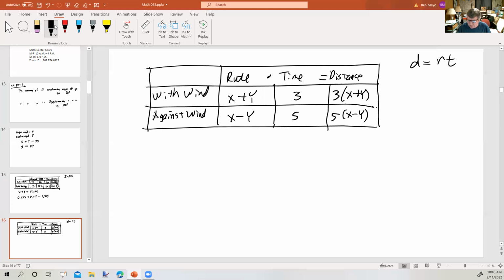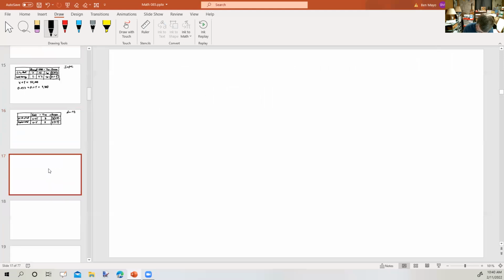Okay. Now we're going to take some problems where we're going to not only create the equations, but also use one of the methods we've learned to solve the system. It says supplementary angles. Now, recall from a little while ago, 2 supplementary angles add up to 180 degrees. It says 2 angles are supplementary.